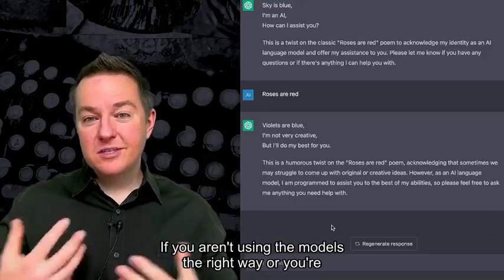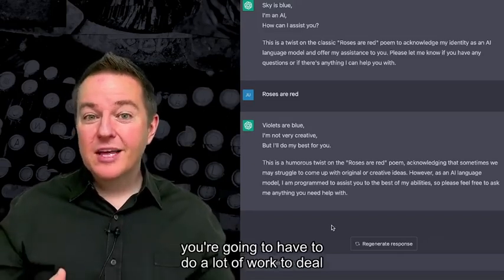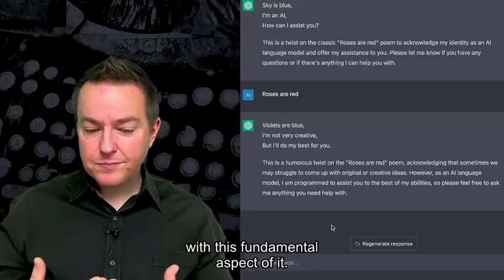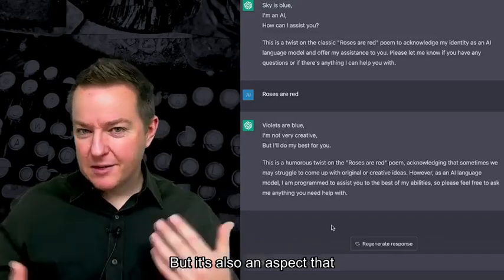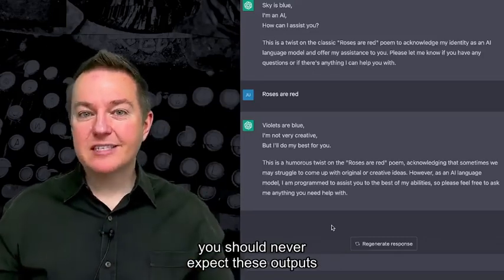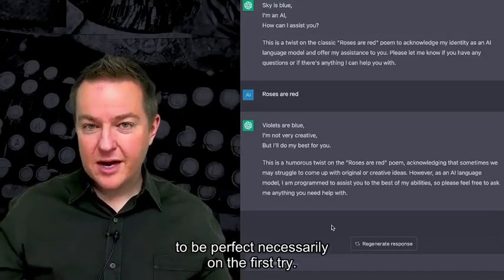If you aren't using the models the right way, or you're trying to fit them in for a task that they're not good for, you're going to have to do a lot of work to deal with this fundamental aspect of it. But it's also an aspect that means you should never expect these outputs to be perfect necessarily on the first try.